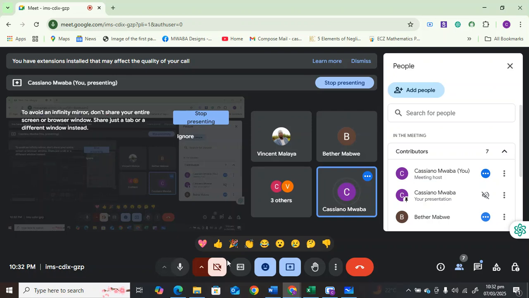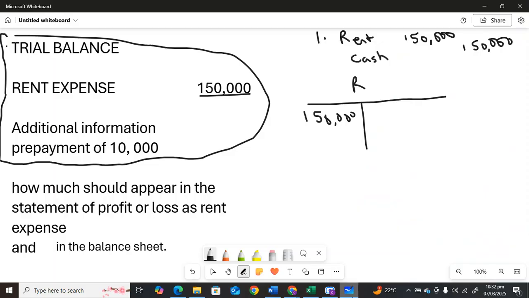Yes. 140,000 should appear on the statement of profit or loss.